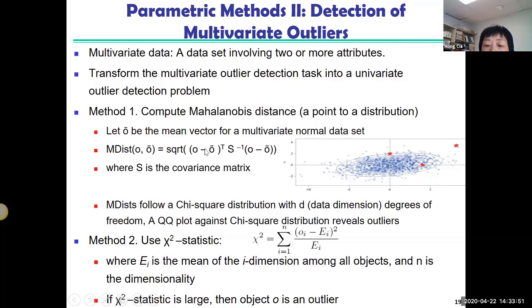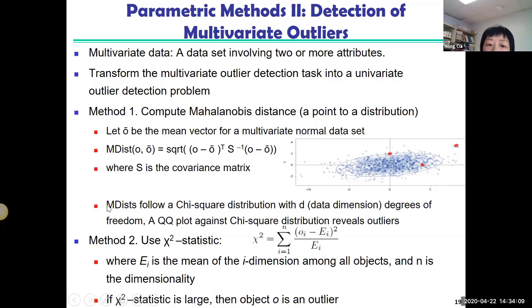And so we basically converted our multivariate outlier detection problem to univariate, because now we have a set of distances. Every data point has a distance to this entire distribution.